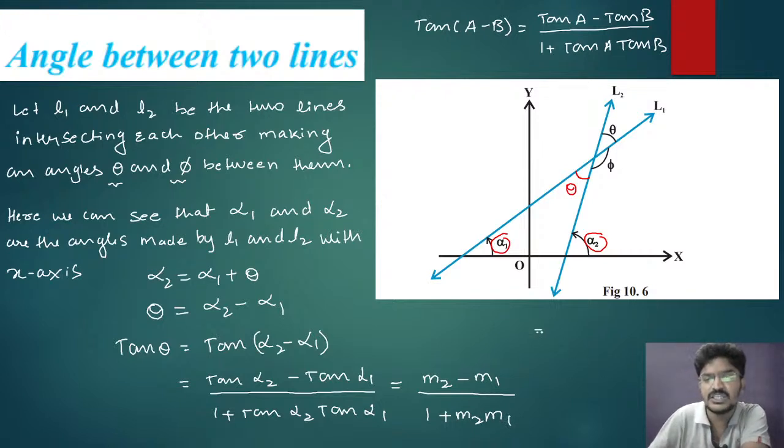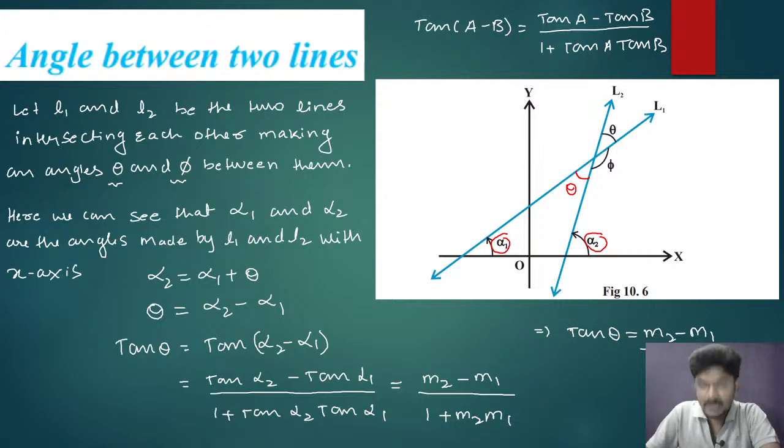That implies tan theta equal to m2 minus m1 divided by 1 plus m2 into m1.